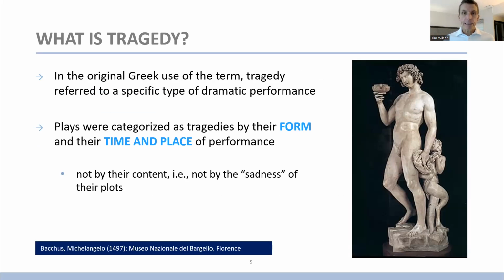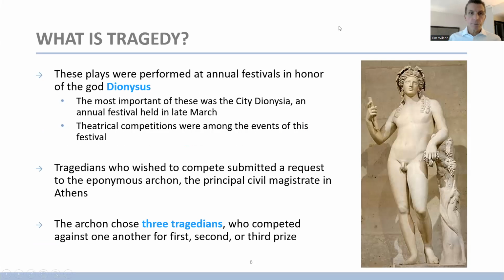It was about the time and place and the form of presentation as part of these rituals in honor of the Greek god Dionysus. So the plays were performed at these annual festivals in honor of Dionysus. The most important of these festivals was the city Dionysia, a festival held in late March.